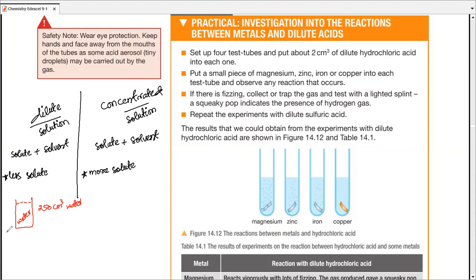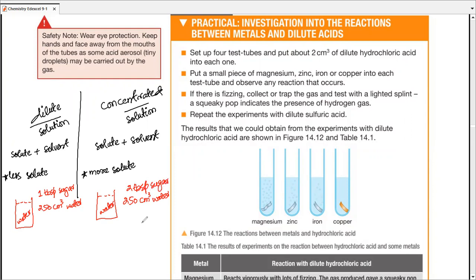Now, since you're doing it at home, let's say you add 1 tablespoon of sugar in it. For fair judgment, you take the same size glass, fill it with an equal amount of water, again 250 cubic centimeter water, and in this glass, you add 2 tablespoons of sugar.